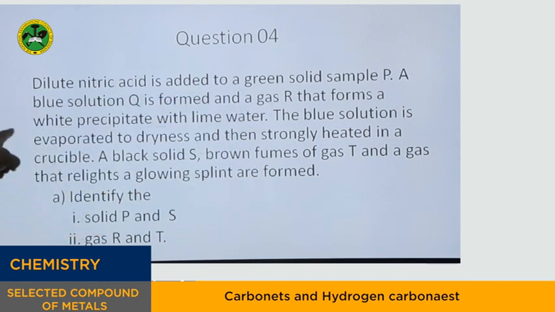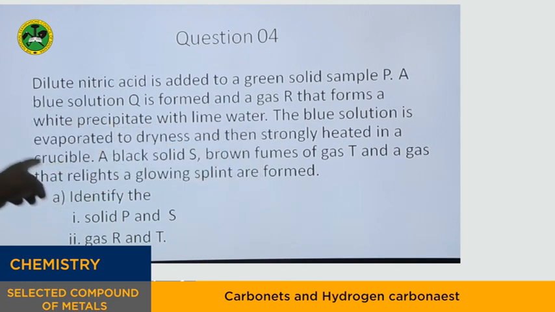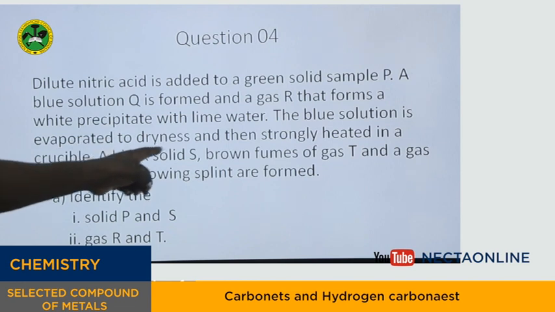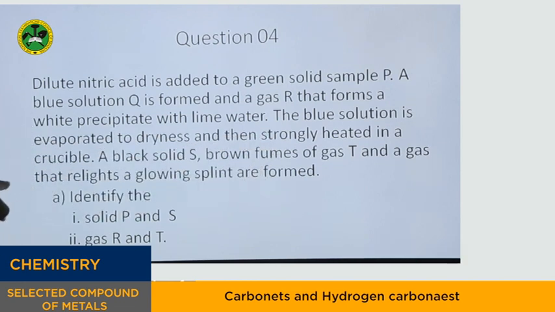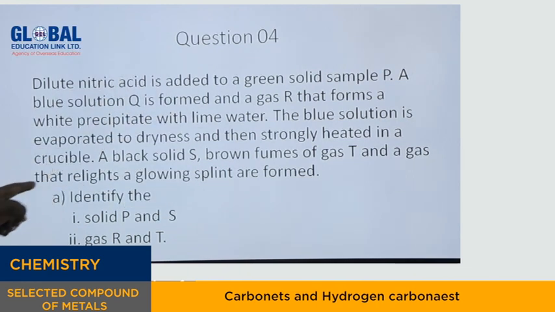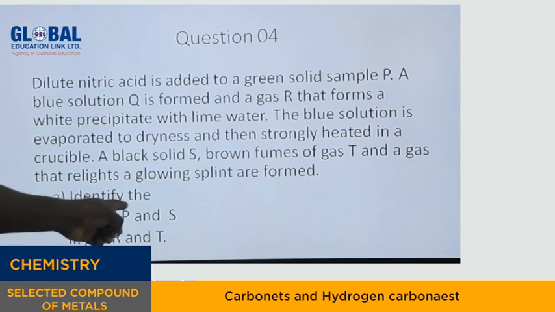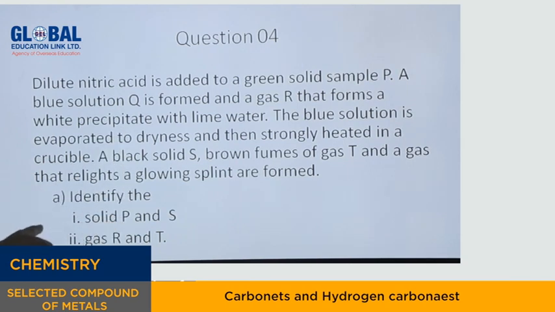The blue solution is evaporated to dryness and then strongly heated in a crucible. A black solid S, brown fumes of gas T, and a gas that relights a glowing splint are formed. You are asked to identify the solids P and S, that is part A, Roman 1. Roman 2, identify the gases R and T.